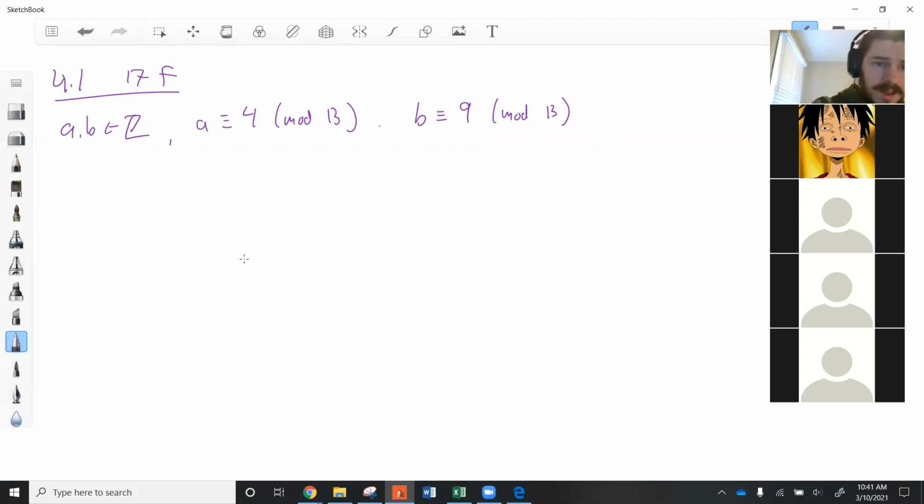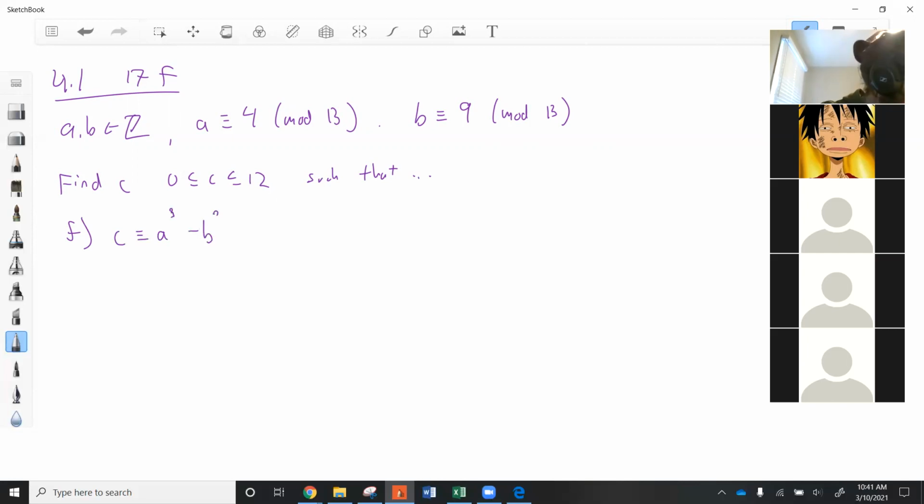I'm going to find C between 0 and 12 inclusive, such that C is congruent to A cubed minus B cubed mod 13.